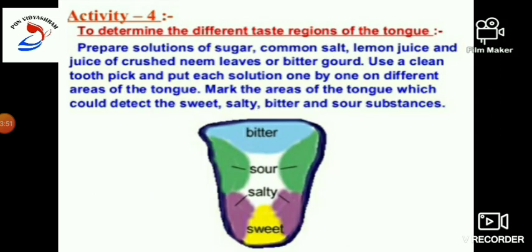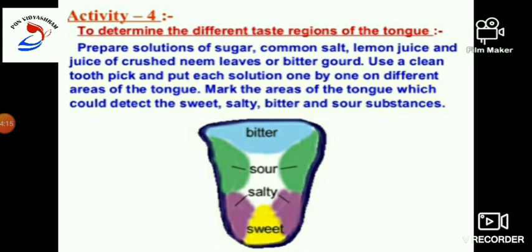Can you see this activity? Prepare solutions of sugar, common salt, lemon juice, juice of neem leaves or bitter gourd. Use a clean toothpick and put each solution one by one on different areas of the tongue. Mark the areas of the tongue which could detect sweet, salty, bitter and sour substances.